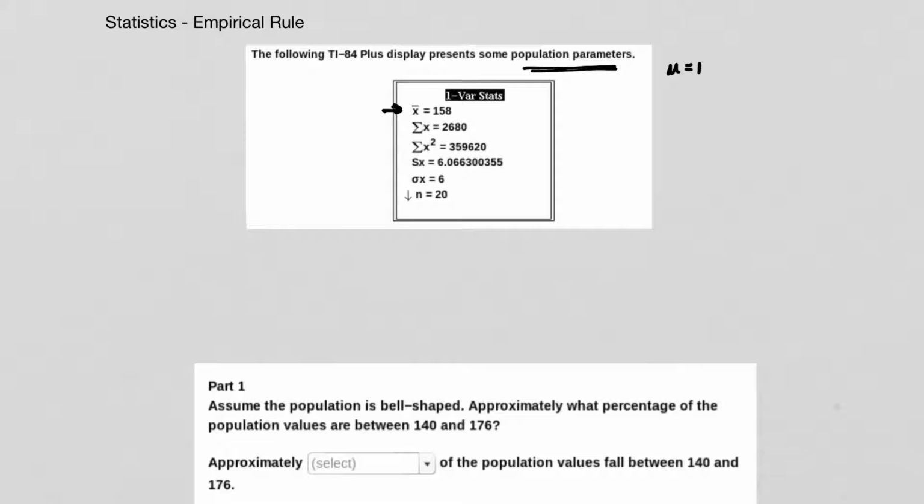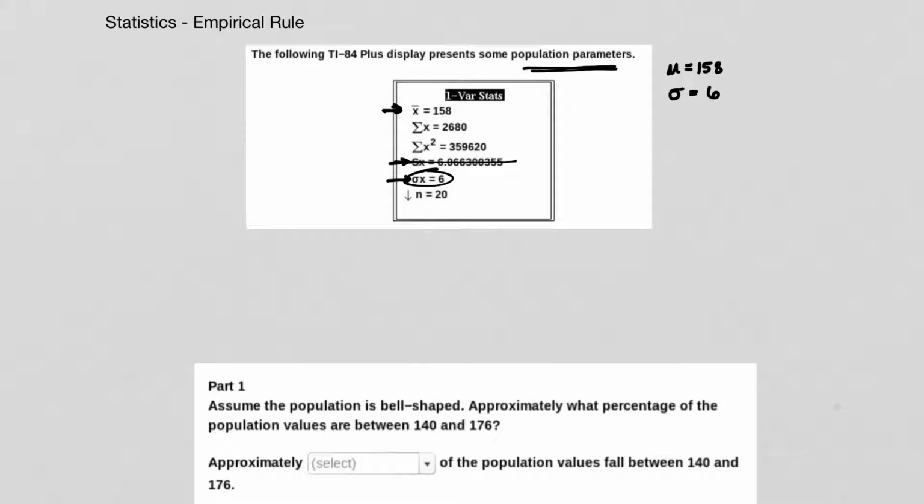Mu equals 158. They give me some other information, and they tell me the sample standard deviation. Well, we're working with population, so I'm going to simply ignore that. And I'm going to go with the population standard deviation, which is 6.